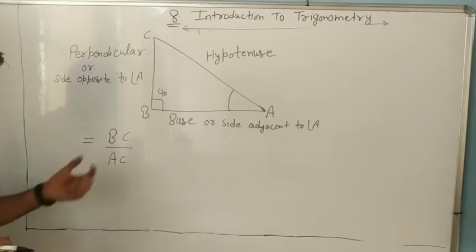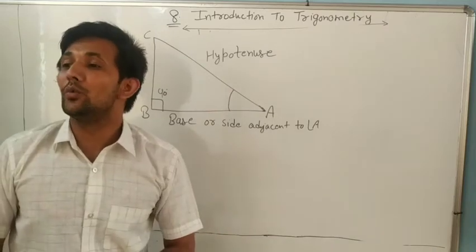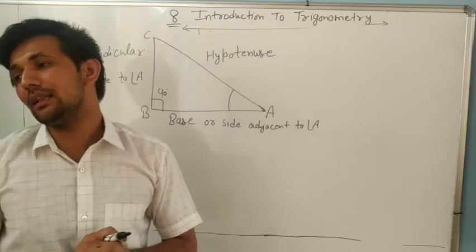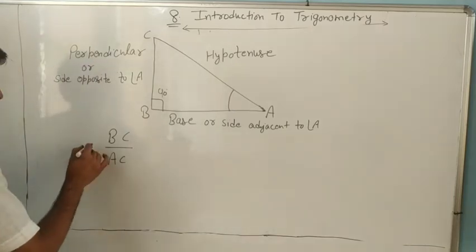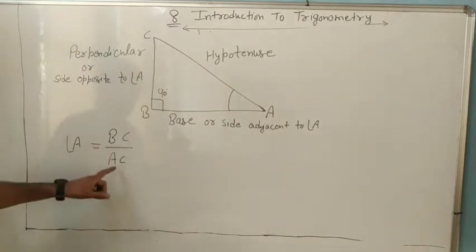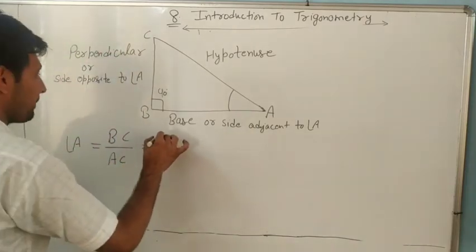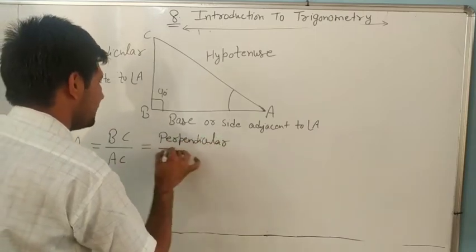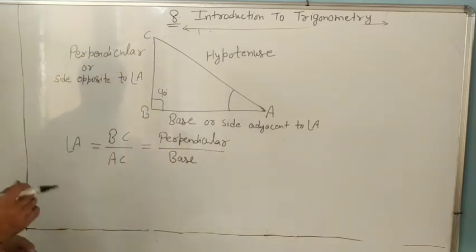And I told you the ratios of the sides are with respect to acute angles, and we are taking angle A. So suppose I am writing here, it is angle A. Look at BC by AC: BC means perpendicular, divided by AC, the base. Understand?